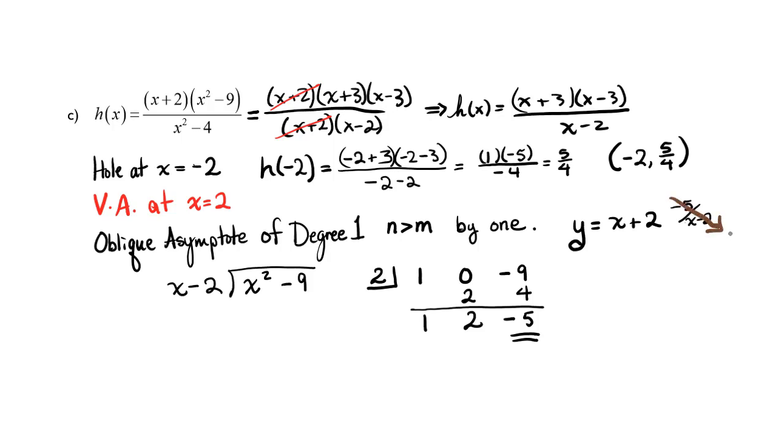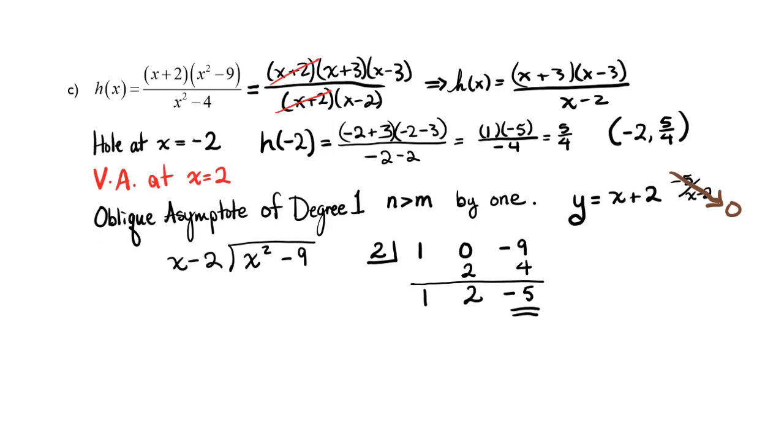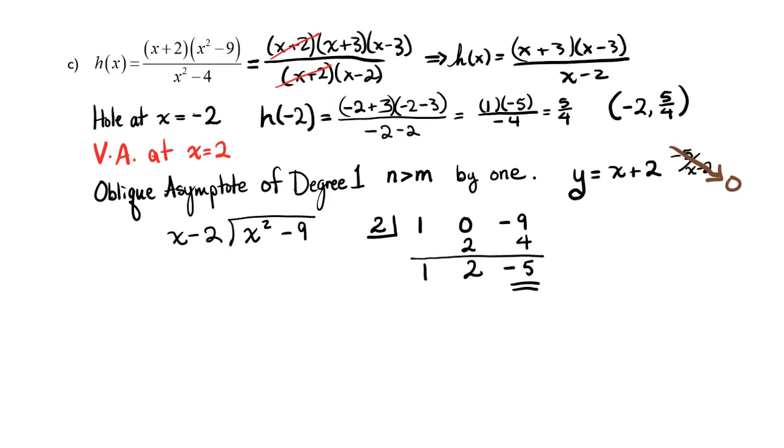So now we have checked for removable discontinuities, vertical asymptotes, oblique asymptotes, and now we need to check if there are any points on the x or y axis that the function crosses. If we let y equal 0, we can find the x intercepts.